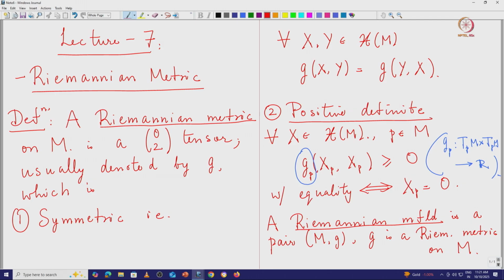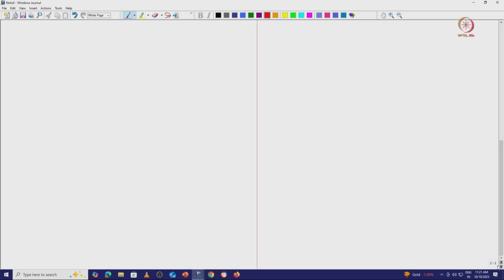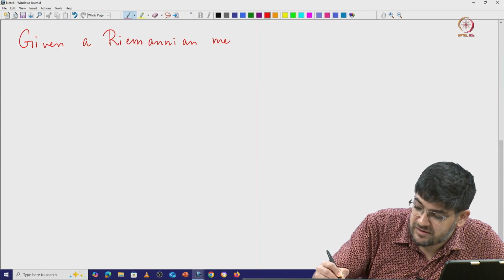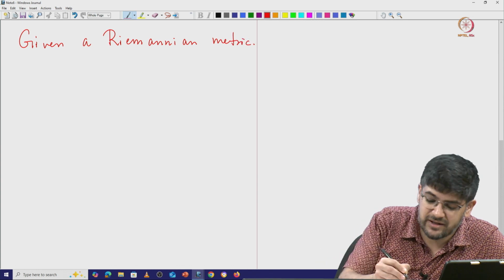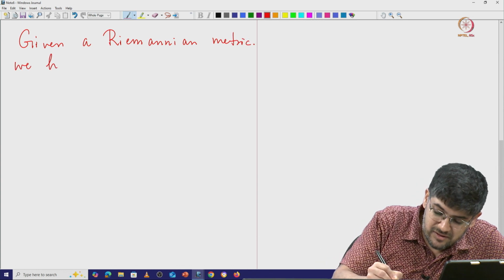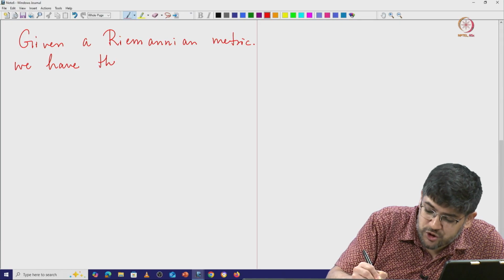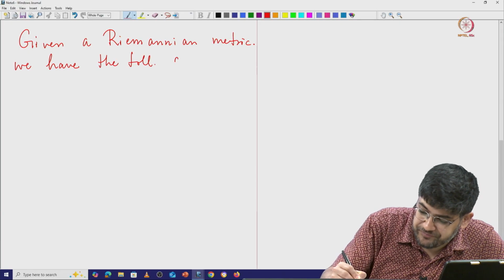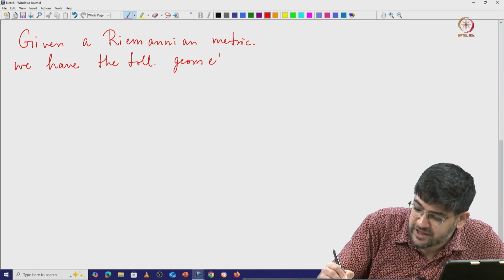All right, so given a Riemannian metric, we have the following geometric notions. We can define the following geometric quantities.